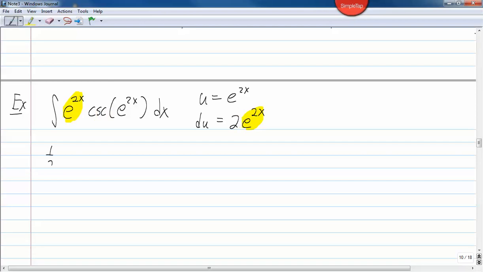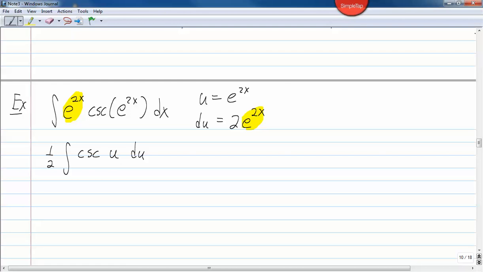So you bring out a 1/2, so it's 1/2 times the integral of cosecant of u du. That changes the problem totally into something that I've seen before a few class meetings ago, I'm sure, maybe 1 or 2. The integral of cosecant of u.